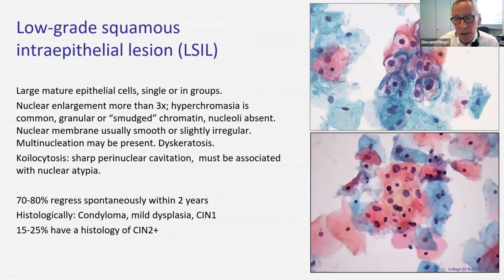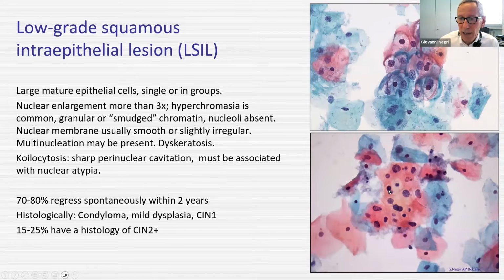So beginning with a low-grade squamous intraepithelial lesion, usually the diagnosis is really simple. You see large cells with abnormal nuclei, typically nuclei enlarged more than 3 times, or very hyperchromatic nuclei. In some cases, you can't see the chromatin structure because of degenerative changes, because of pyknosis.